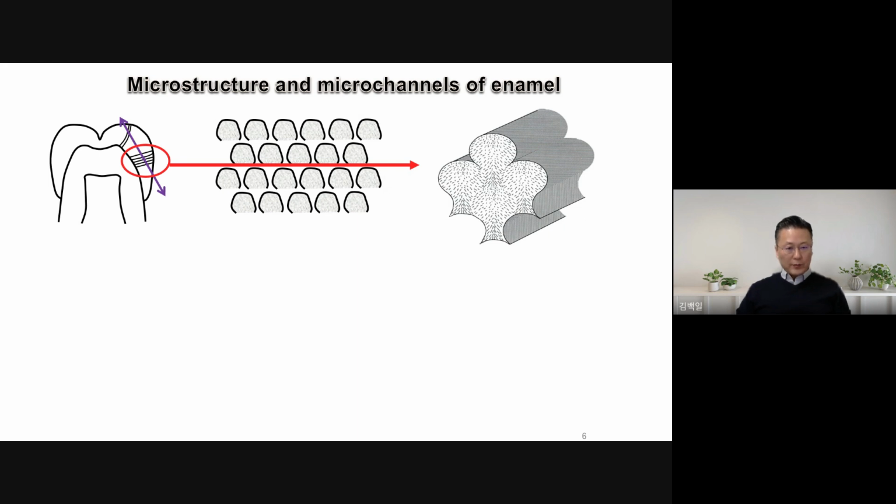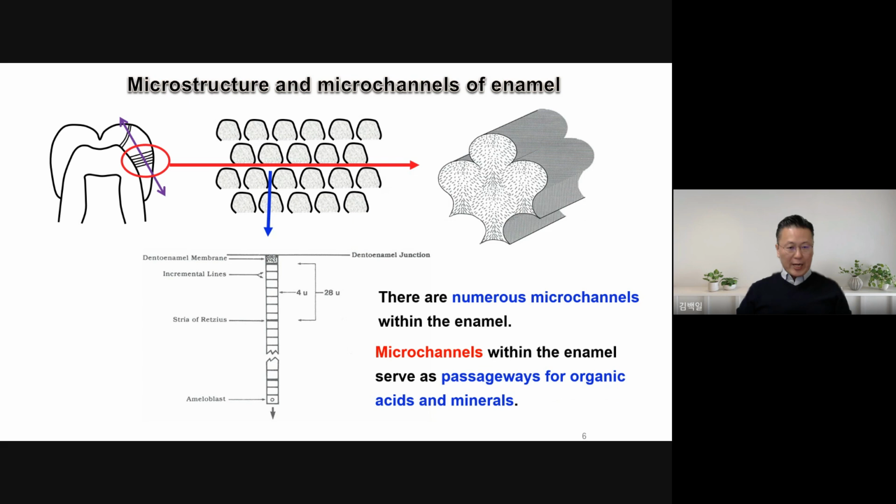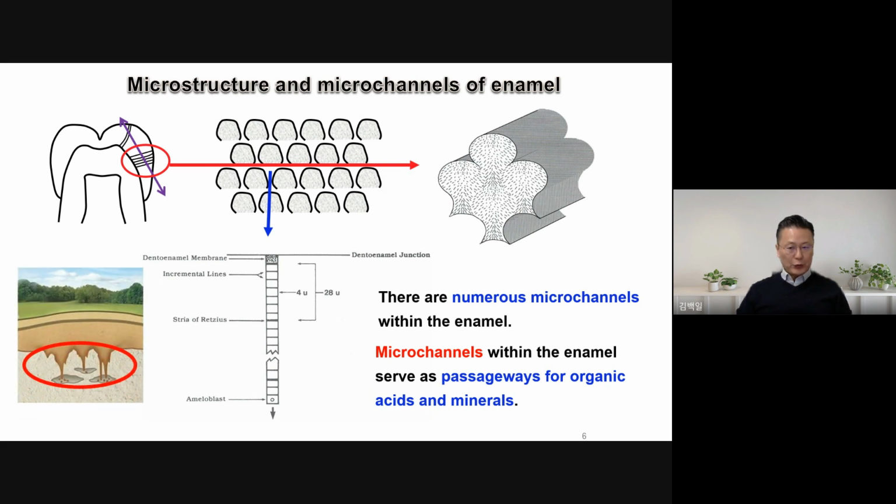Therefore, when observing enamel under the electron microscope, we can observe this unique keyhole-like structure. The key point here is the presence of intact microchannels between the enamel crystals. So microchannels within the enamel serve as the passageway for organic acid, bacteria, and minerals. This is a bit similar to the sinkhole progression.